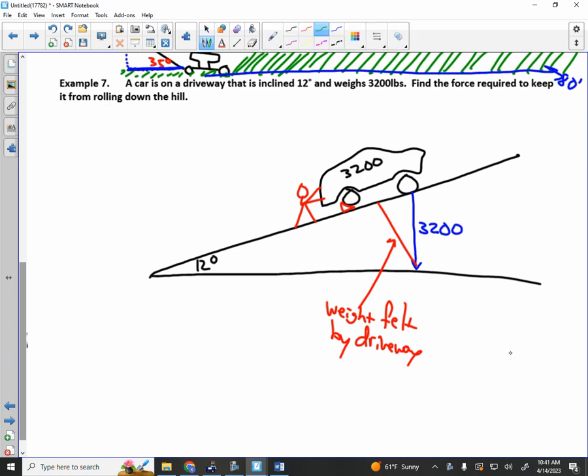And then you have this green component here, and that is the force to keep it from rolling backward.